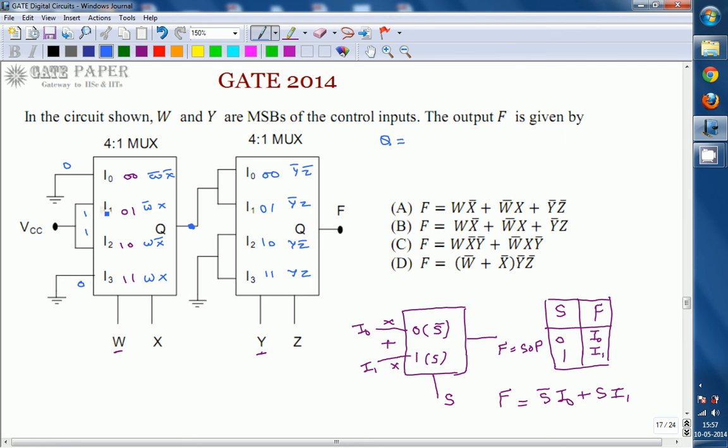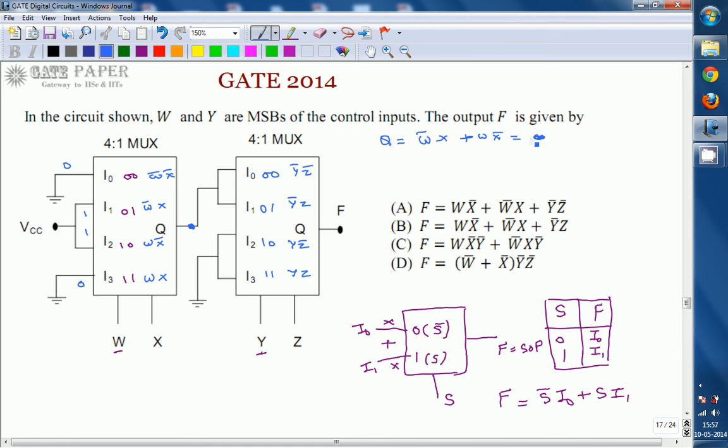So you get only two product terms: 1 into W bar X, which is W bar X, and W X bar into 1, which is W X bar. That implies Q is W bar X plus W X bar.